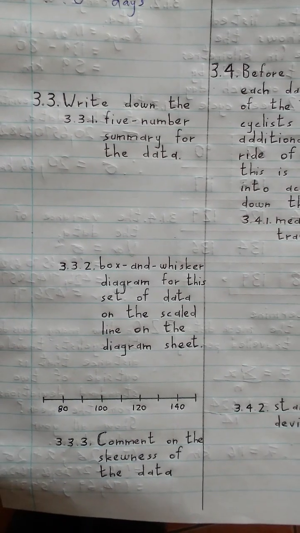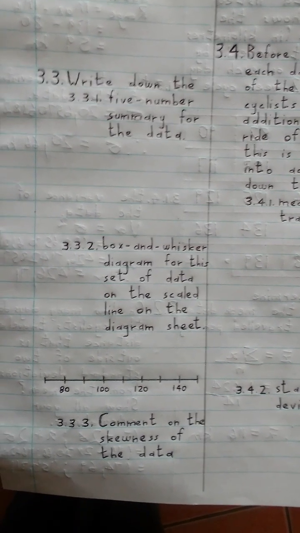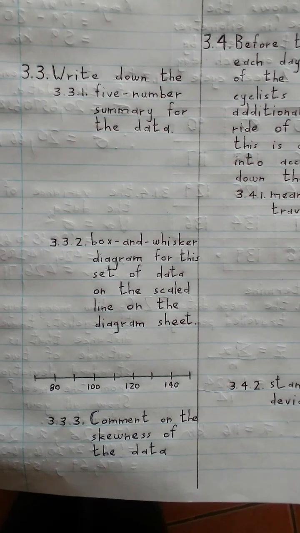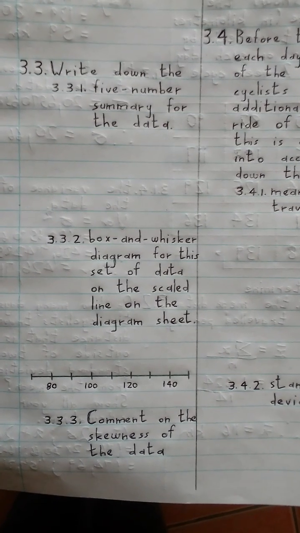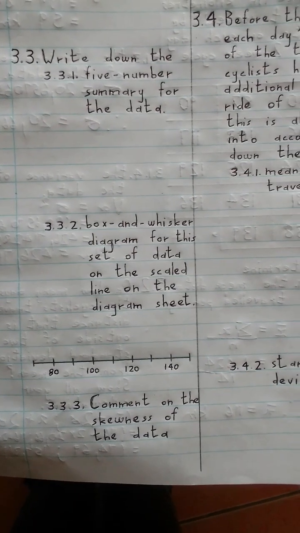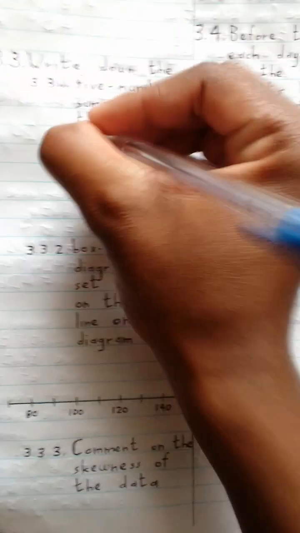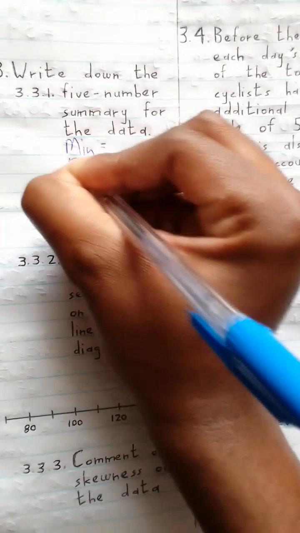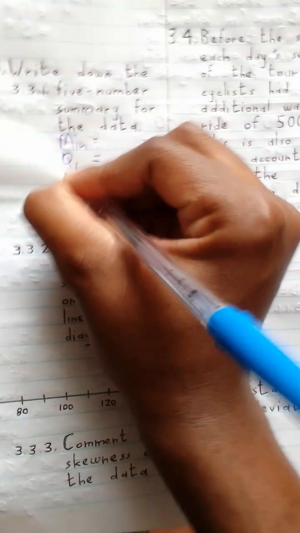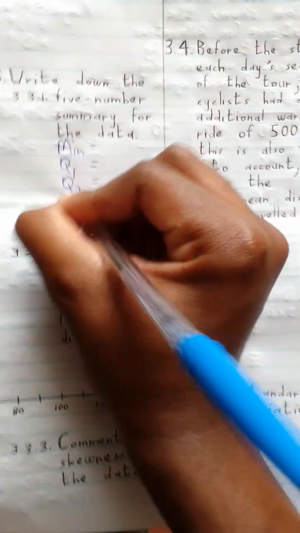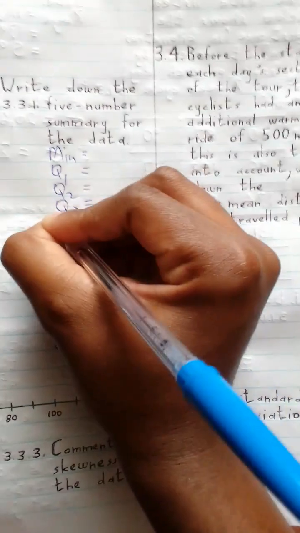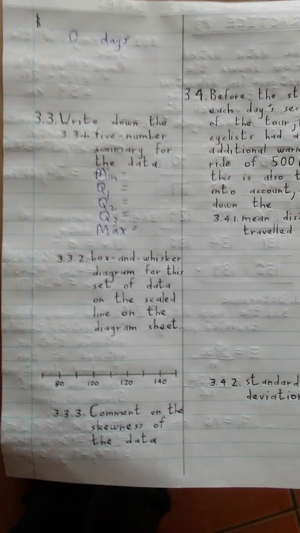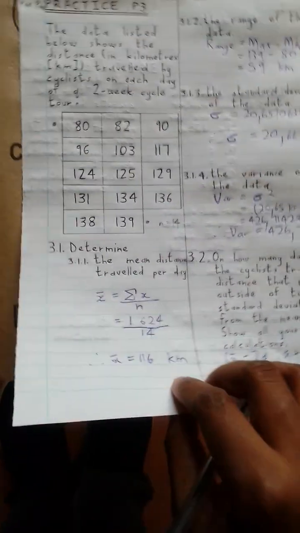3.3 states, write down the 3.3.1 5 number summary for the data. Remember the 5 number summary, you have the min, Q1, Q2, Q3, and as well as the max. So min is 80, as we've just seen.